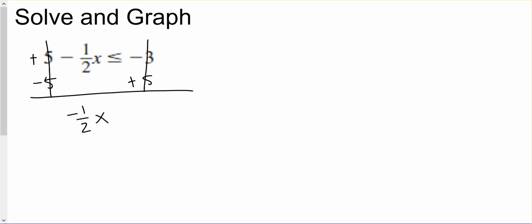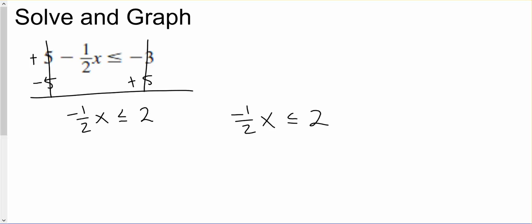Those will simplify. Negative 3 plus 5 makes positive 2. And now what's going to undo multiplying by 1/2? Well, because this is all we have left, we could do it 2 different ways. We've got negative 1/2 x less than or equal to 2.